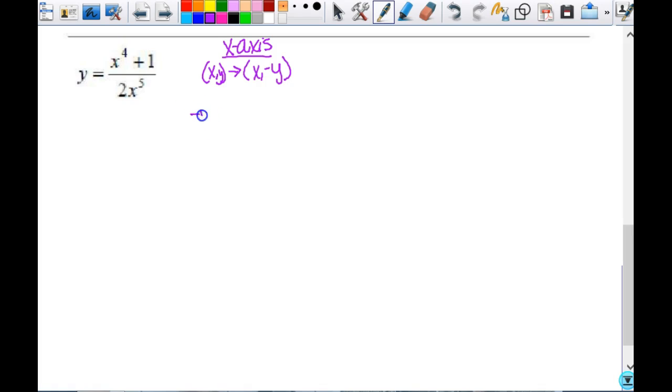So negative y equals (x to the fourth plus 1) over 2x to the fifth. All right, so I've got to solve for y to make it look like that. So I multiply through by a negative 1, and y equals negative (x to the fourth plus 1), there you go, over 2x to the fifth.